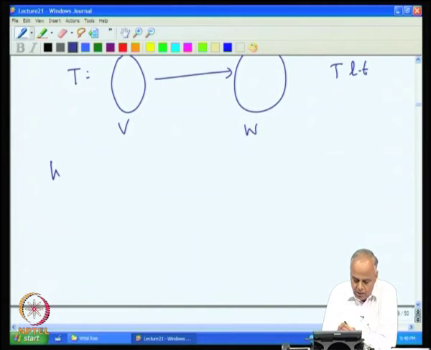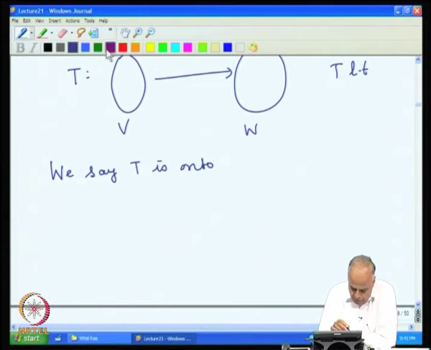We say T is onto if the image fills up the whole space W. What does that mean?